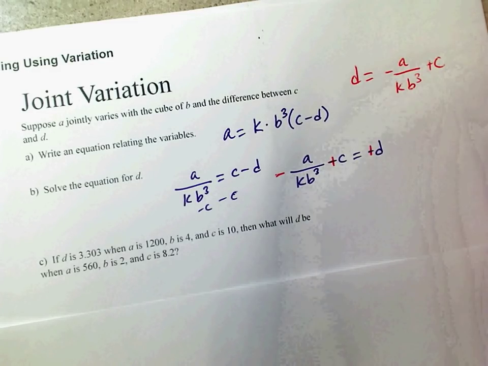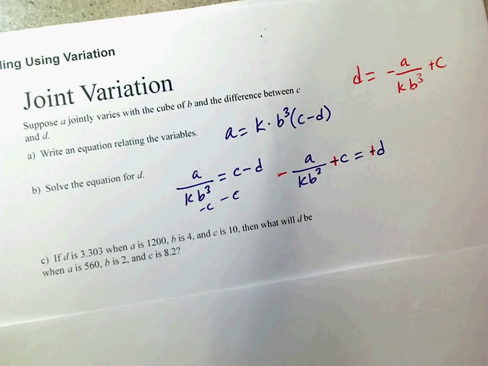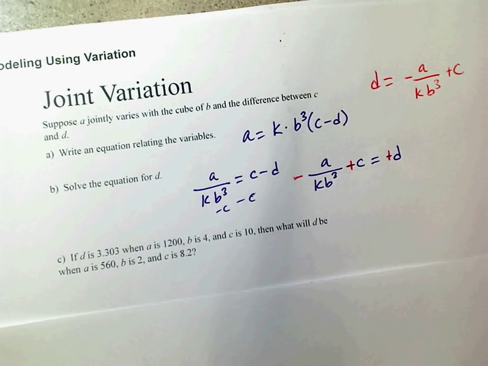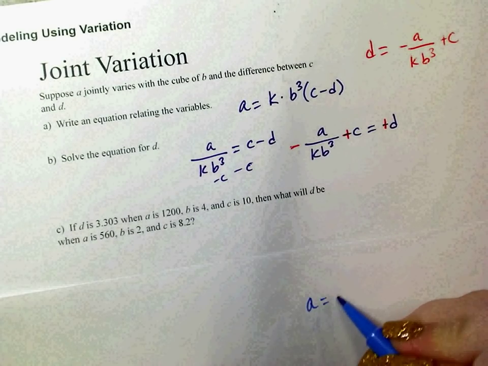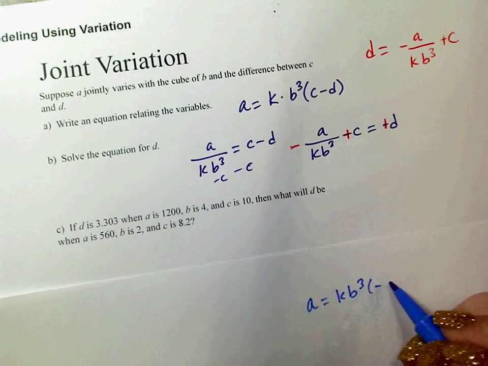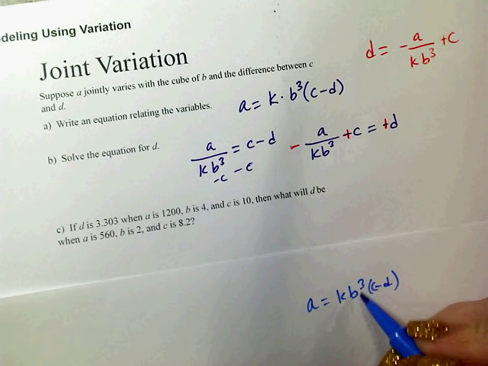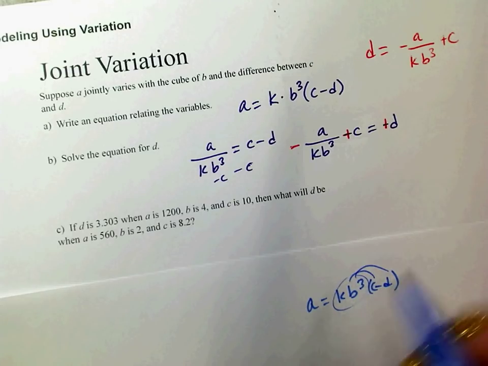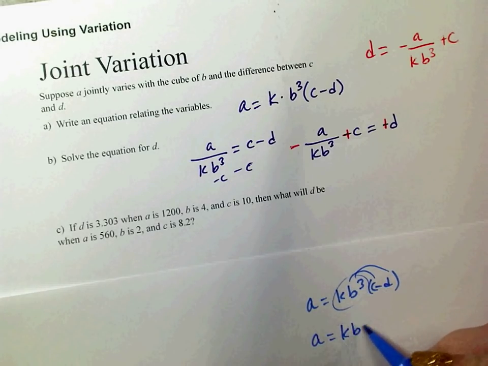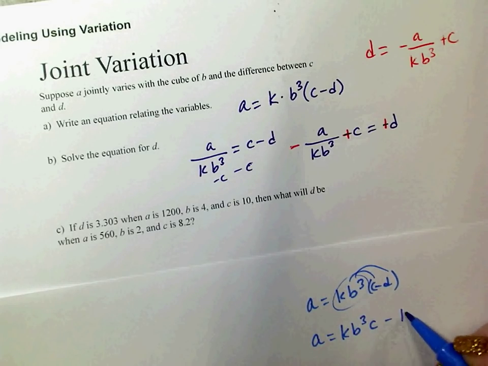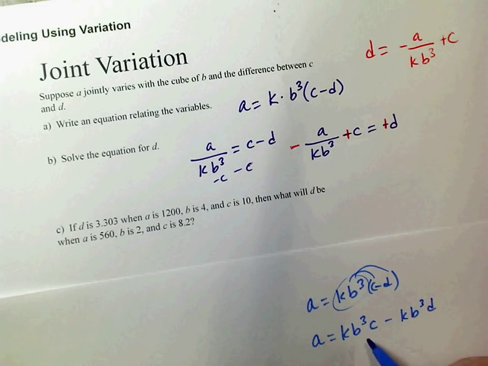The other option is you can distribute. So A equals KB cubed times C minus D. If you distribute all of this, A equals KB cubed C minus KB cubed D. Then you could just subtract this over. A minus KB cubed C equals negative KB cubed D, and then just divide by negative KB cubed.